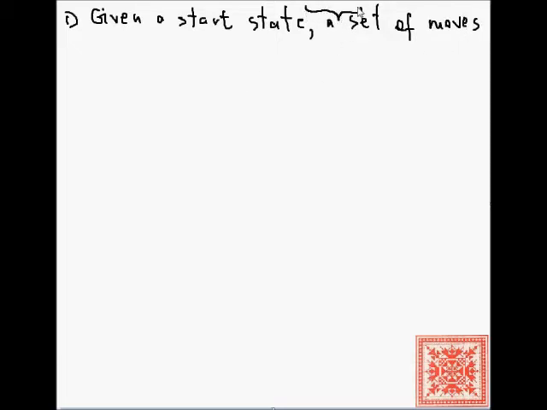Or actions, sometimes they're called, because it doesn't have to be a game, it can be some sort of economic situation, because min-max games are frequently used to simulate various economic conditions. So a finite set of moves and a utility function.